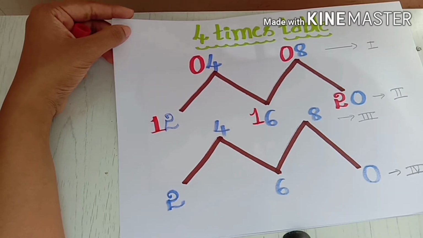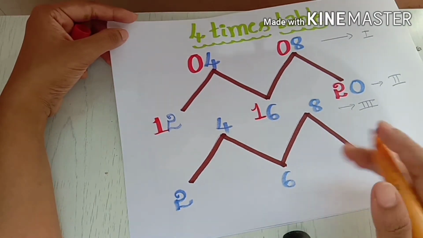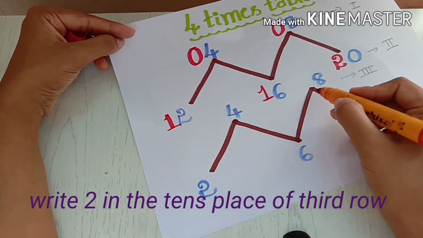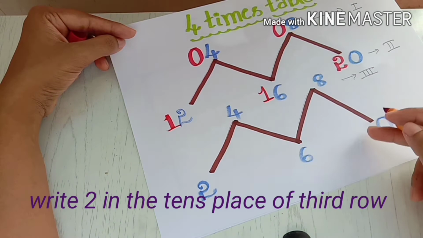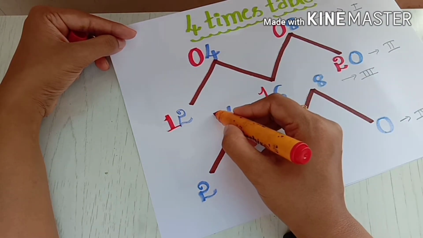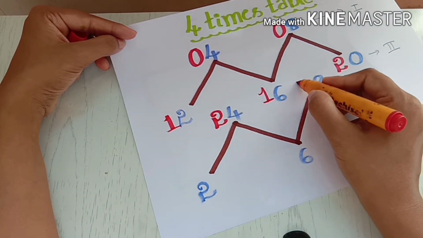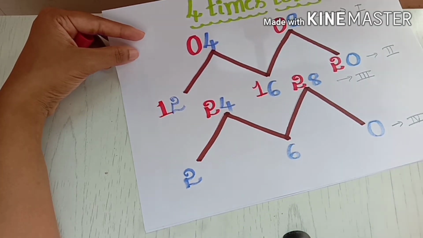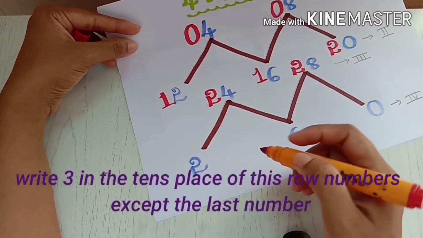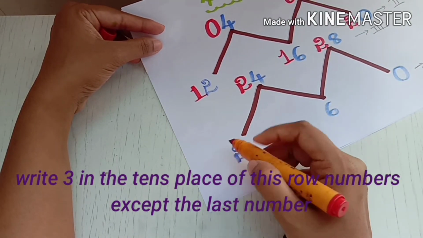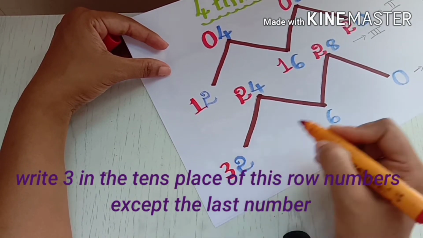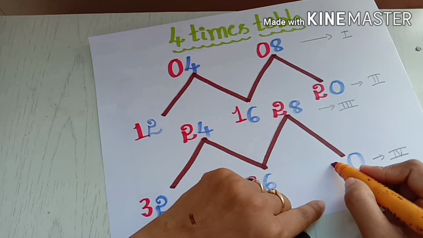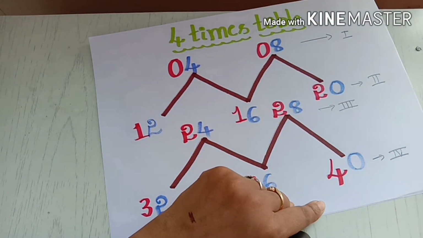Next, here also I am continuing the same. Here, since it is a first row of the second letter M, so I am writing 2, 2. Since it is a fourth row, I am going to write down 3 in the tens place of these two numbers, except the last number. The last number I am going to write it as in the tens place 4.